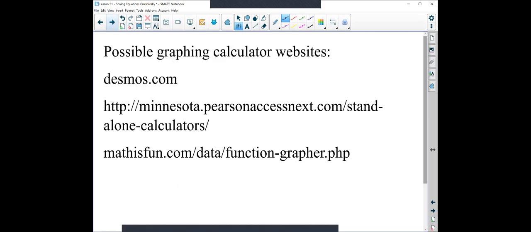All right, so a couple of graphing calculator websites and things that you can use. Desmos.com is actually really slick because you can touch where you think the point of intersection is and it will find it.